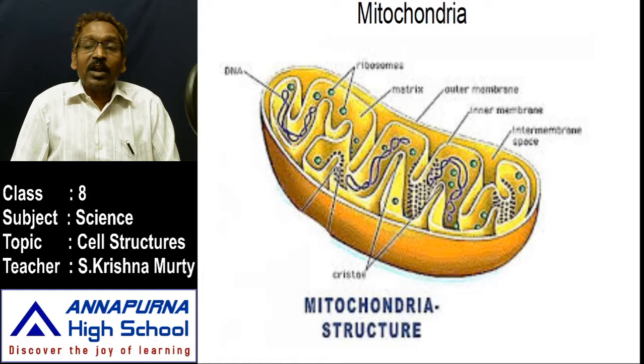Look at the yellow bodies, the mitochondria: 1000 to 2000 in each and every cell. How many cells may be there in our body? 100 trillion cells. Each and every cell should contain more than 1000 to 2000 of these structures.